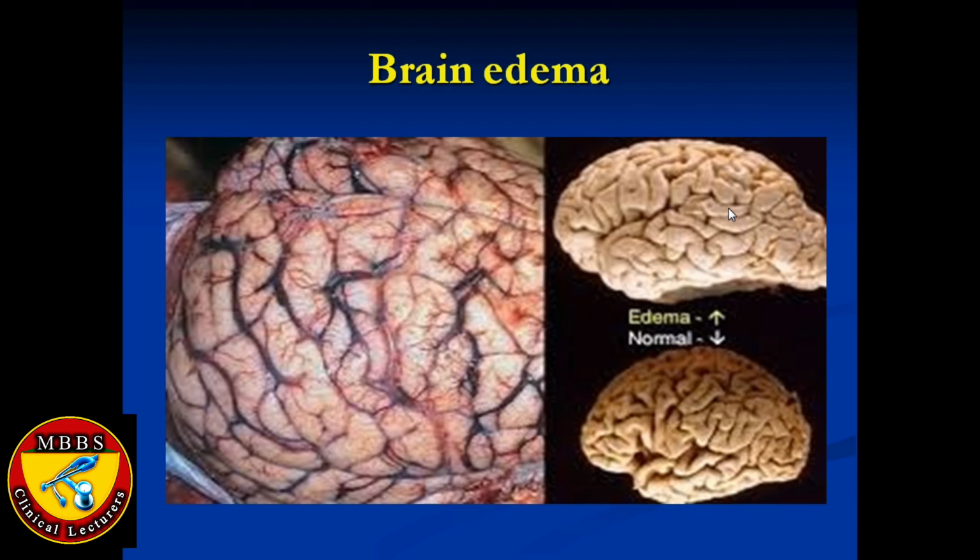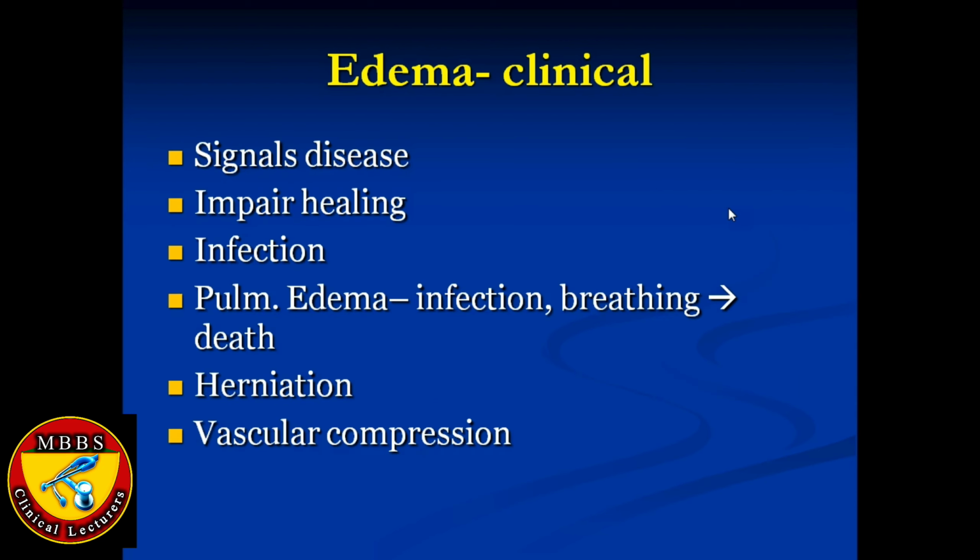In one situation the brain is pushed out of the foramen magnum and may compress the medullary area, and you know that there are vital centers present in the medulla. Compression of these vital areas, like the respiratory center, might lead to a fatal situation.